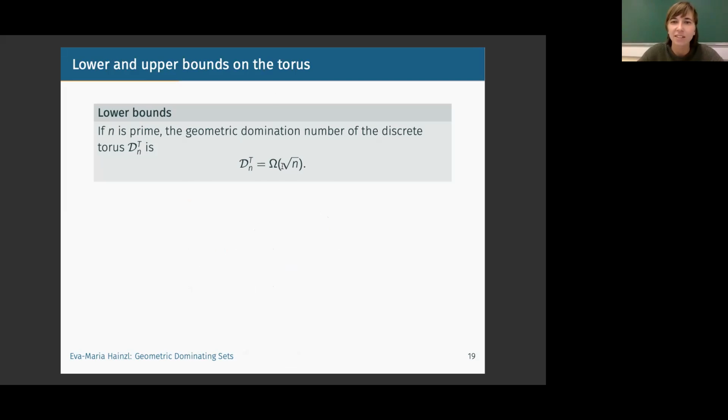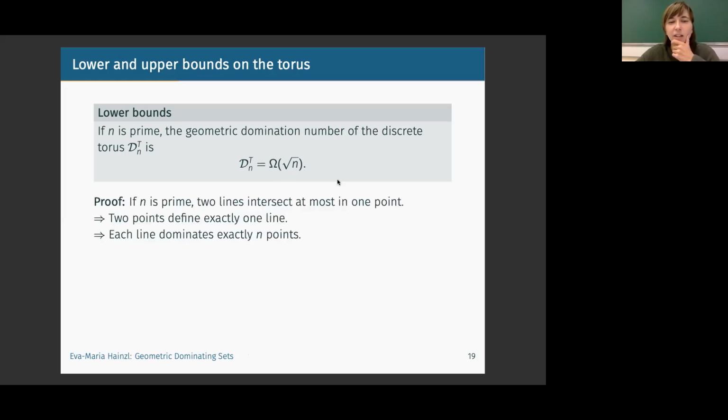That is, it's actually an exact lower bound of square root 2n. And the proof of this lower bound is a very simple counting argument. If n is prime, we just said that two lines intersect in at most one point. So if you have 2 points, they really only span one line, and this line dominates n points.